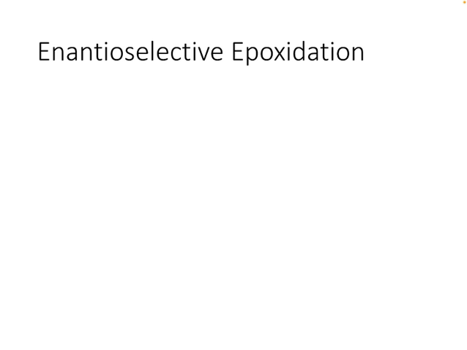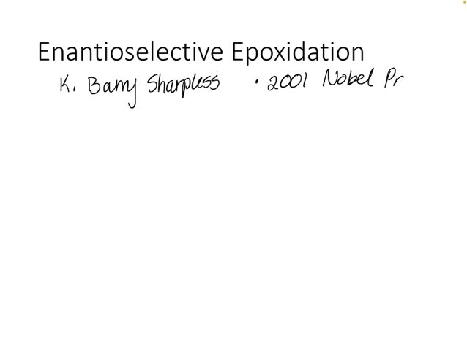All right, so again, this was developed by K. Barry Sharpless, and he won the 2001 Nobel Prize for this work. So what Sharpless came up with was if you had a chiral catalyst, then that would help to form one enantiomer over another.